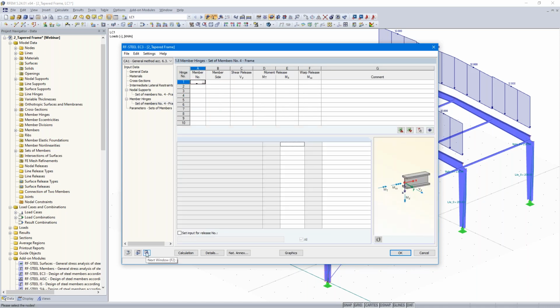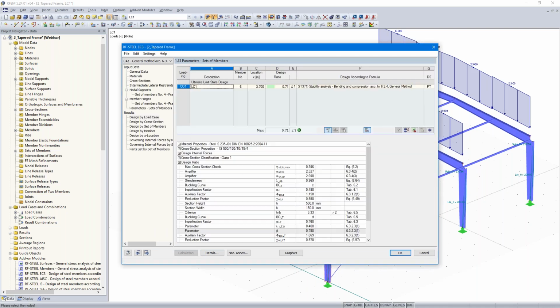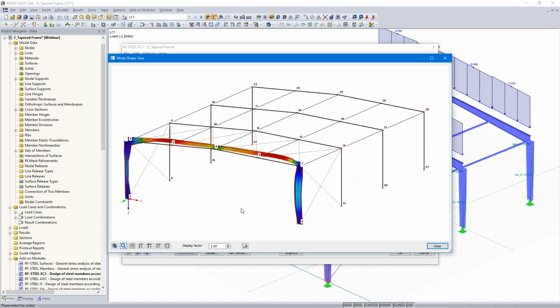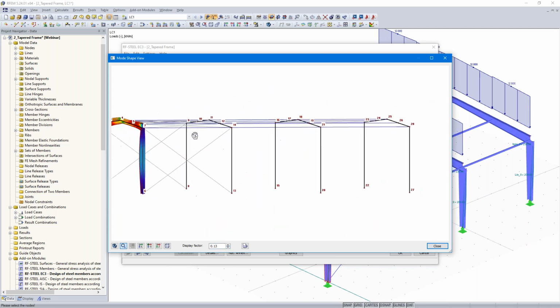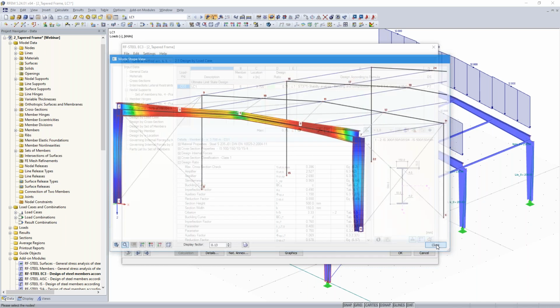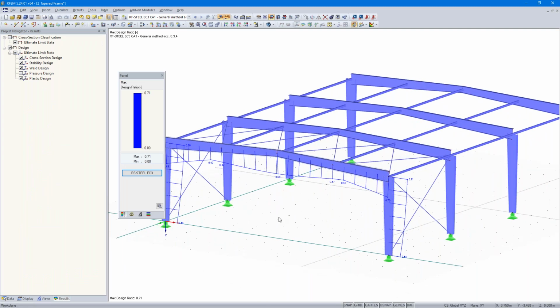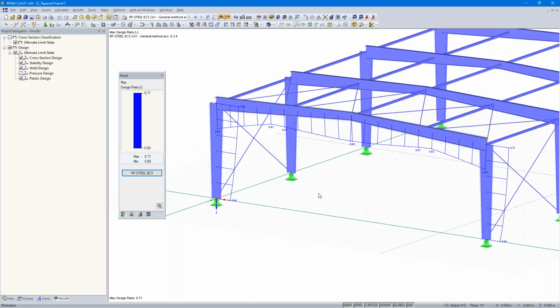We can skip that dialog and also that dialog, and we can calculate all. So we get a design ratio of 71%. Take a look at the mode shape. Now, a similar mode shape as before. And that's the design ratio.